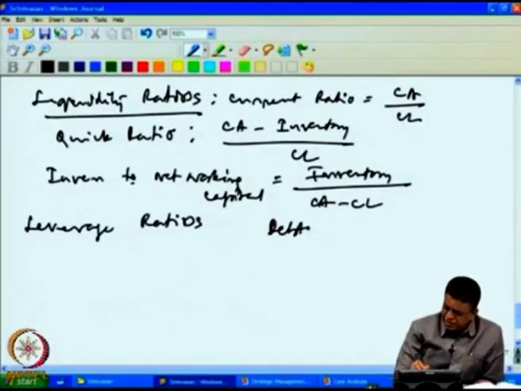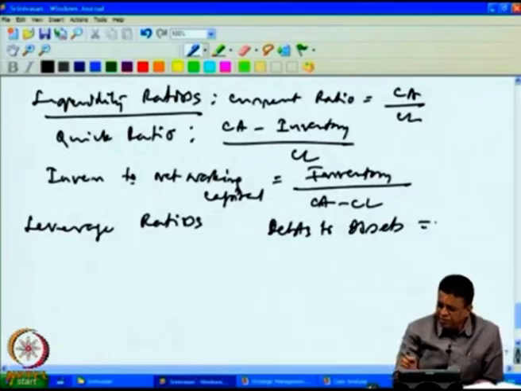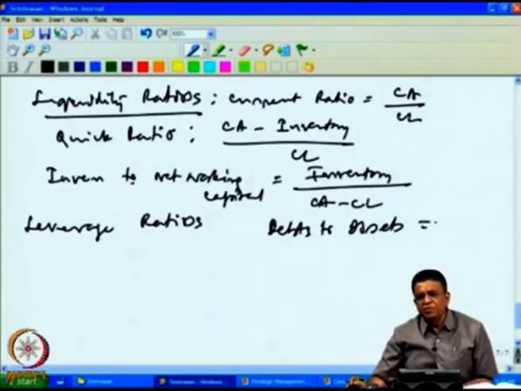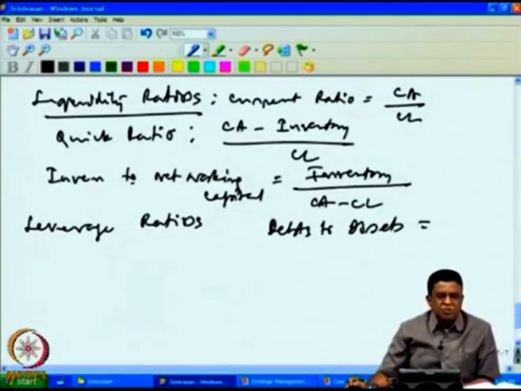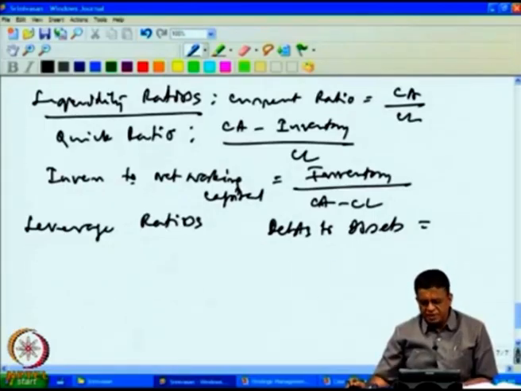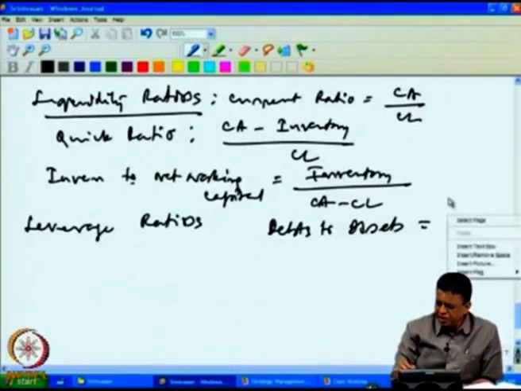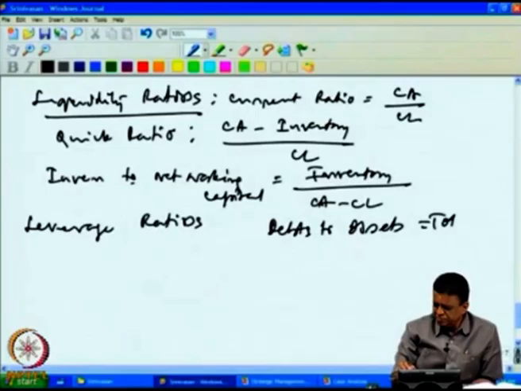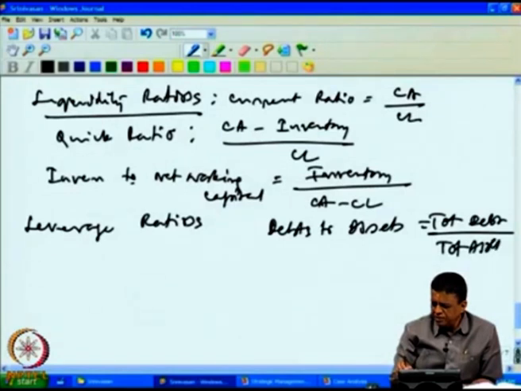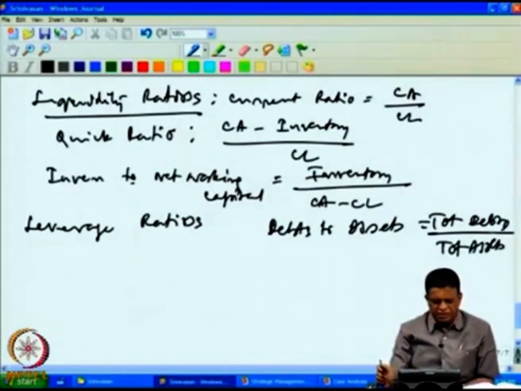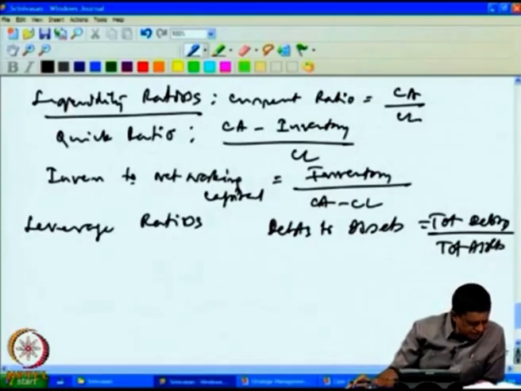As you could have almost made out by now, how much have you borrowed, what is the asset created, what is the coverage this asset is able to have on the debts, that is the total debt divided by the total assets. So, this is the way this whole formula gets calculated.